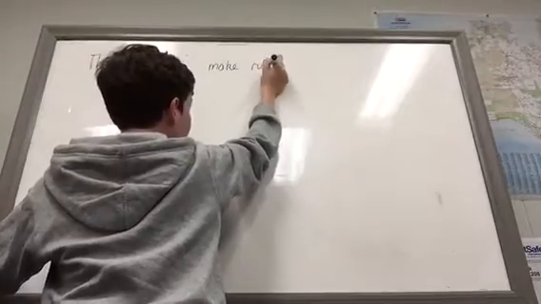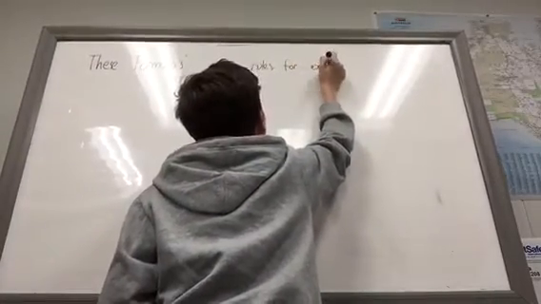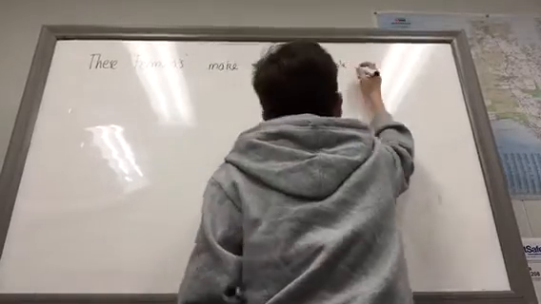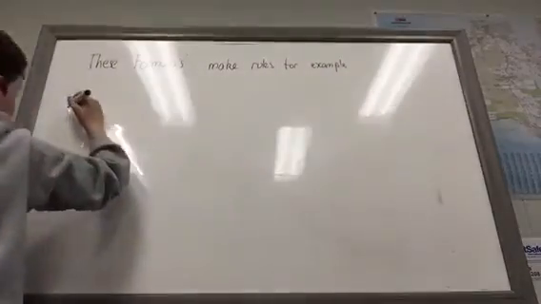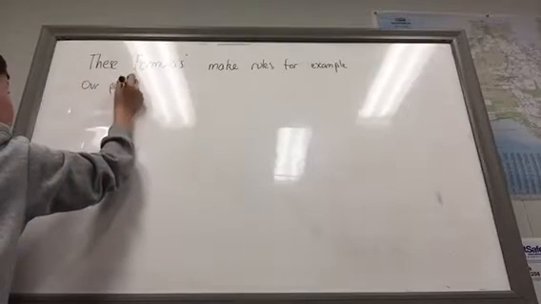These formulas make rules. For example, our previous rule was named after a number between 1 and 256.